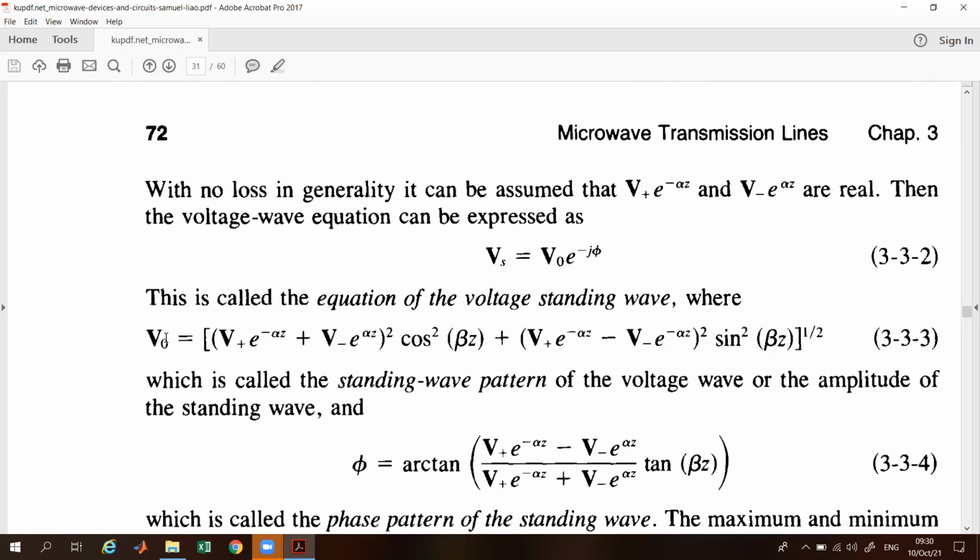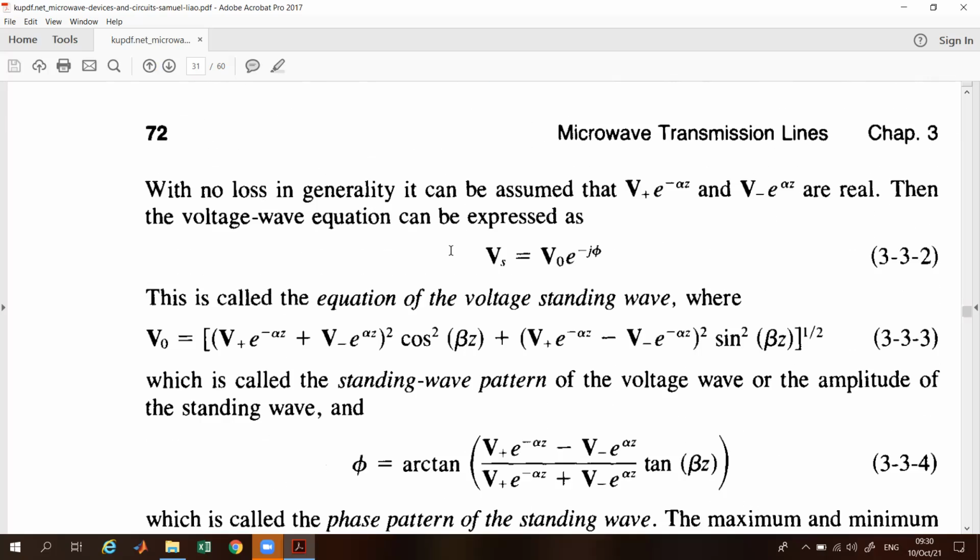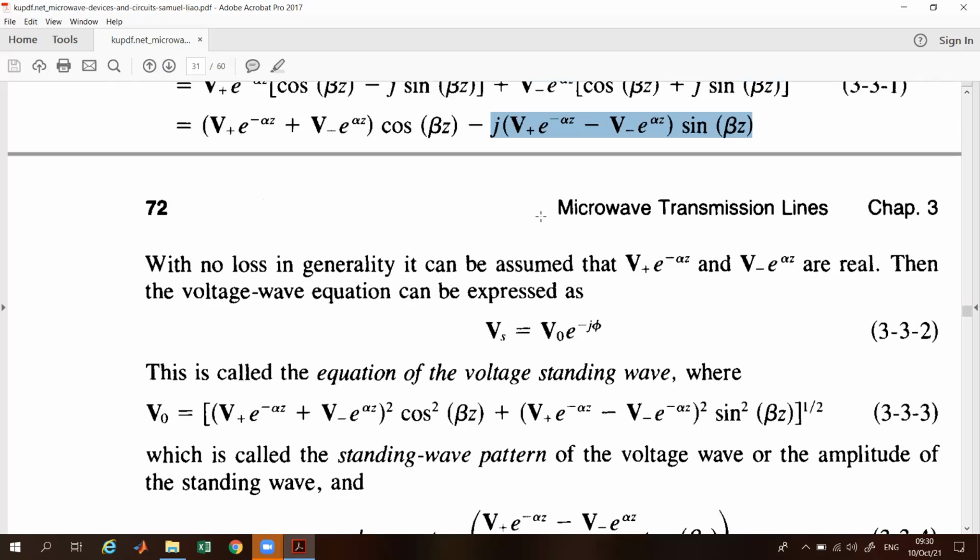Here V0 will be equal to the amplitude of a complex number. If suppose this is x and this is minus j y, the amplitude will be the square root of x squared plus y squared.